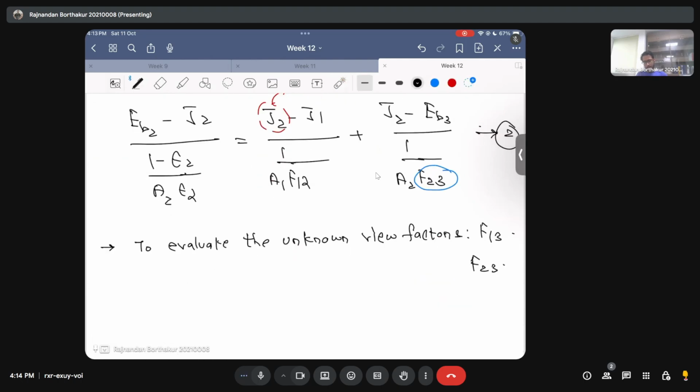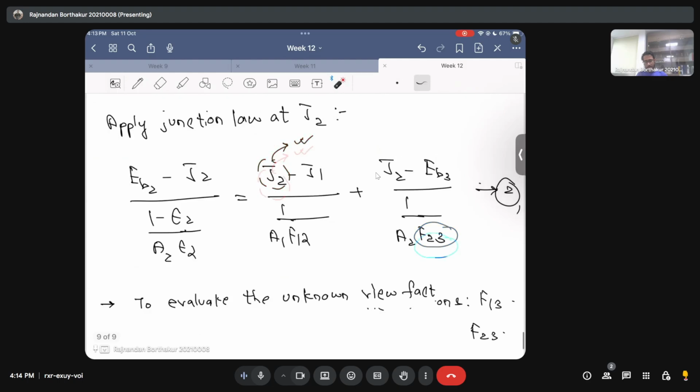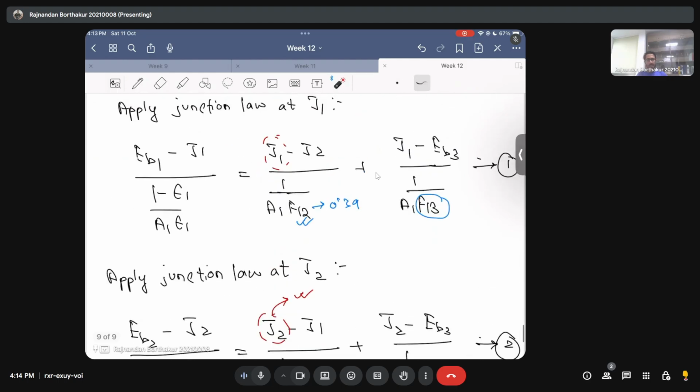Because if we know these view factors, then this just boils down to an algebraic equation involving J1 and J2, because EB1 is known. This is just sigma times T1 raised to the power 4, and the temperatures are known. Similarly EB2 is sigma times T2 to the power 4, and EB3 is sigma times T3 to the power 4, where the temperatures T1, T2 and T3 are known to us.